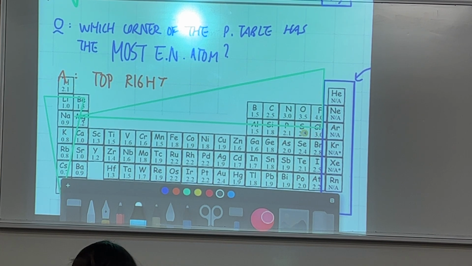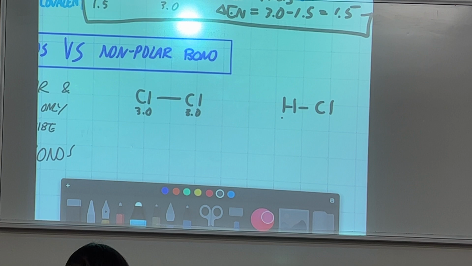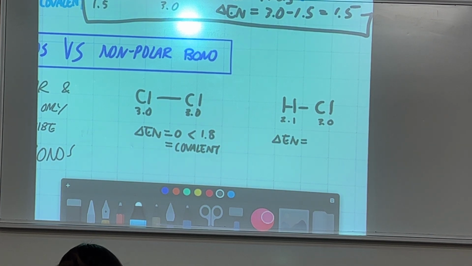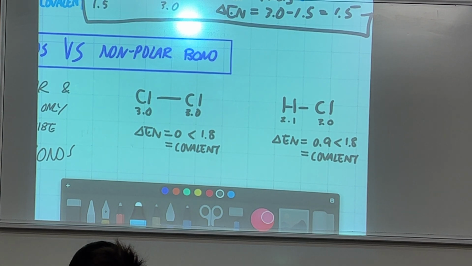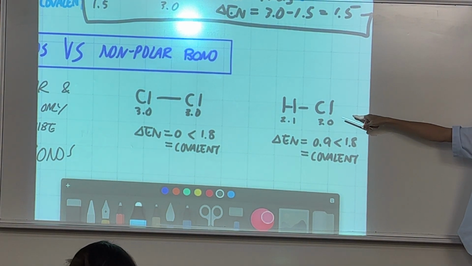It's 0.9, from 2.1 and 3.0, which is still less than 1.8, so still covalent. However, can you tell me which of these atoms is a stronger contestant in the tug of war game?